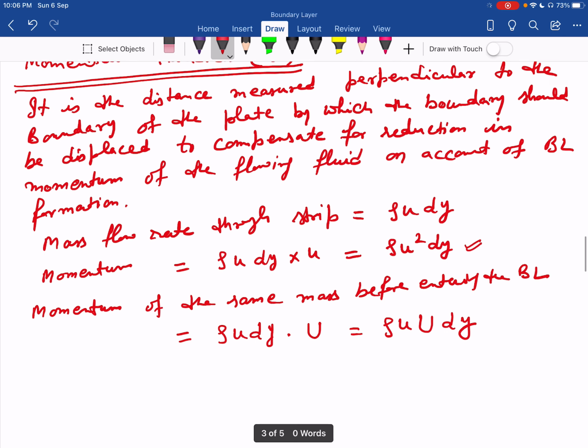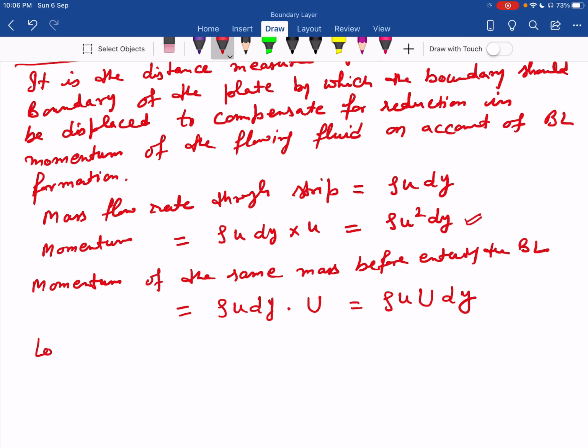Okay, so this loss of momentum when fluid enters the boundary layer, I can write as rho u U dy minus rho u square dy.